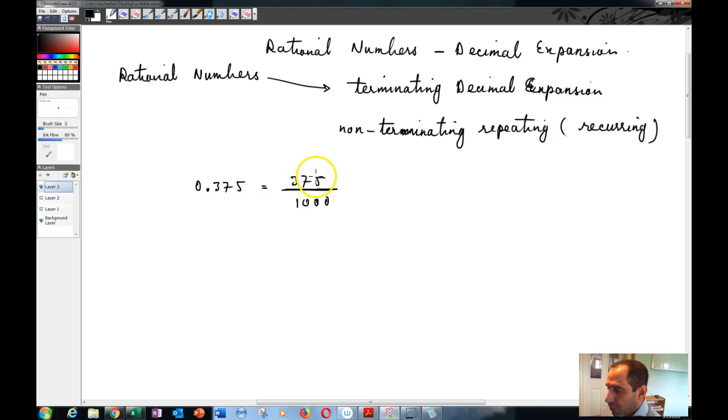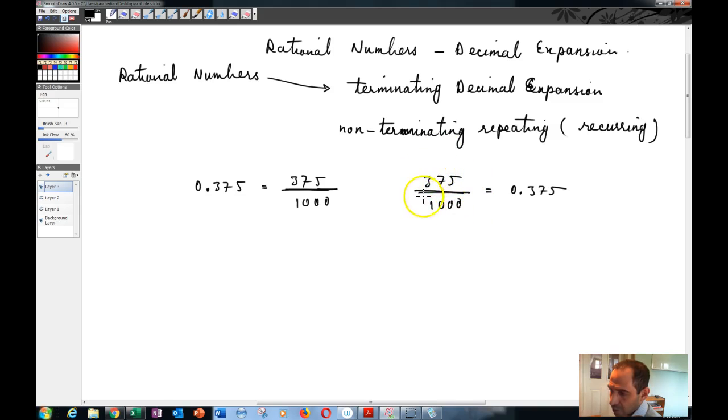Of course, you can simplify this, and we will get to stages where we simplify a couple of these, but just for the sake of this discussion, 375 divided by 1,000 is equal to 0.375, and 0.375 is the decimal expansion of this rational number.